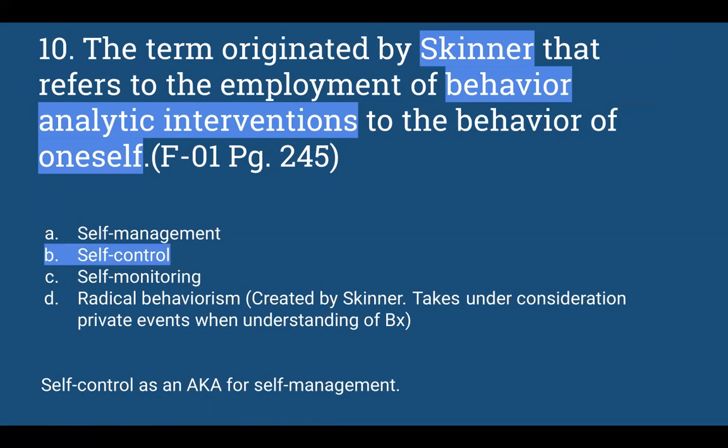But double check that with the book. Yeah, in my notes I have self-management, self-control. So if it comes out on the test, remember that he's the one who originated it. They're basically the same thing, but one was worded by him and then modified to self-management, the way language changes through time.